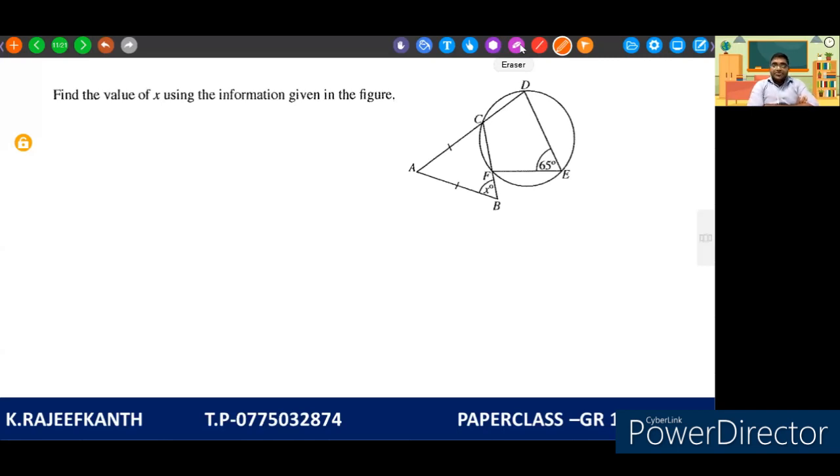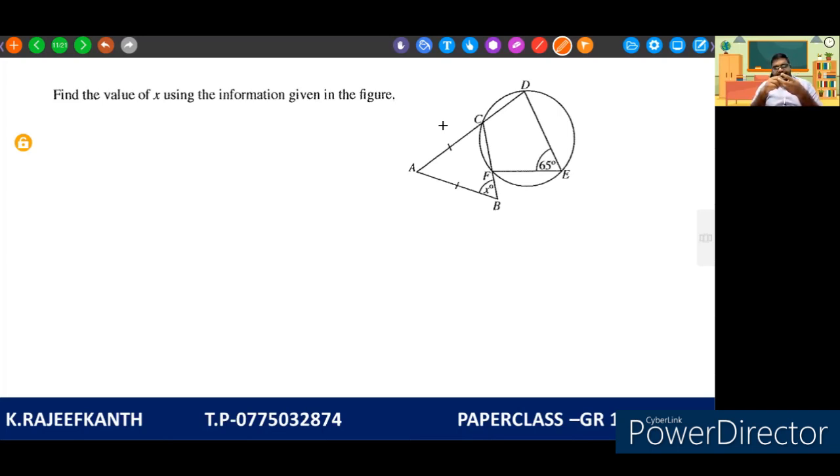So you can use that property also. By using those theorems and the properties of an isosceles triangle, you can find the value of x. Try to find it. In a cyclic quadrilateral, we know that opposite angles are supplementary, and exterior angles are equal to the interior opposite angle.